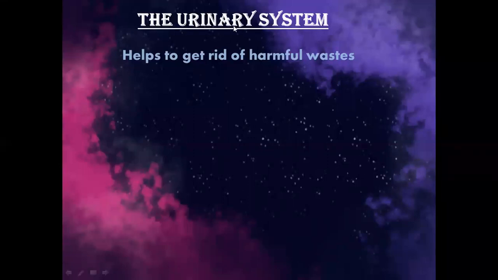So this system helps us to get rid of only the harmful liquid wastes, and these liquid wastes are called urine. This is the name of the liquid wastes that we get out of our body. Okay, so again, the urinary system helps us to get rid of harmful or bad liquid wastes. These liquid wastes are called urine.